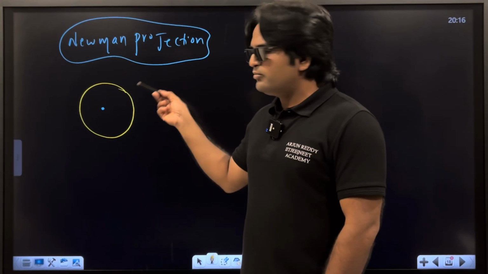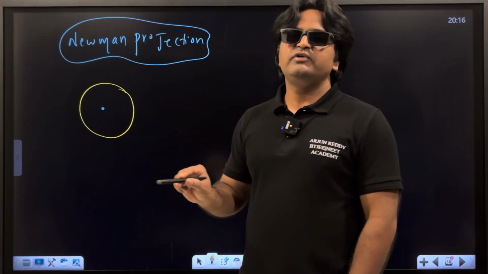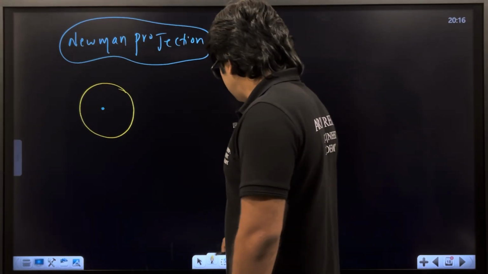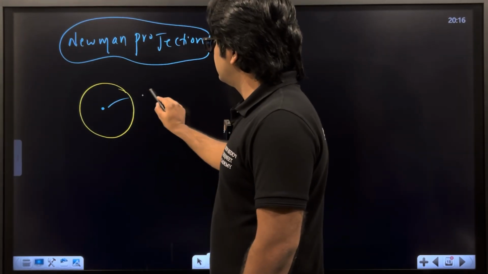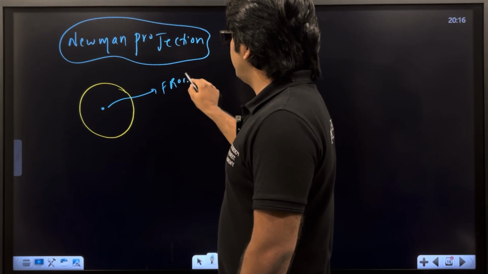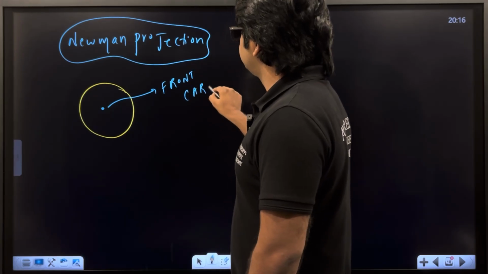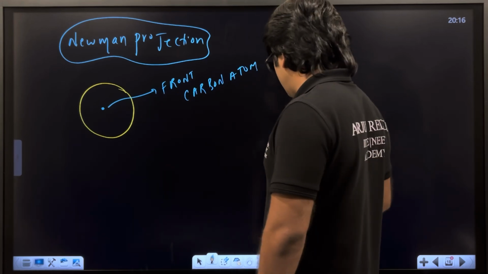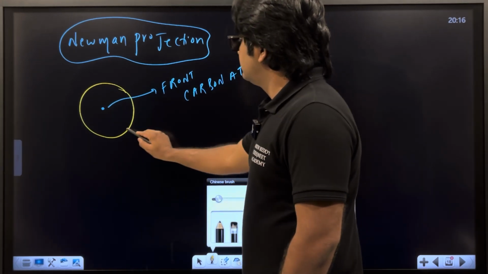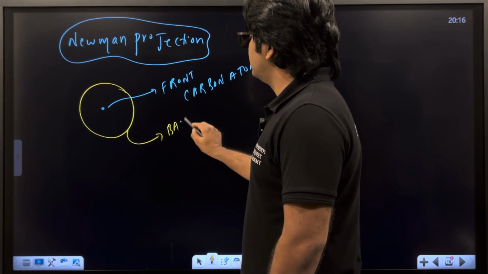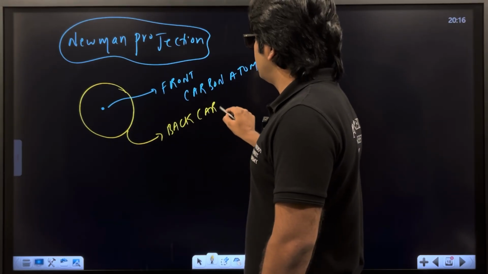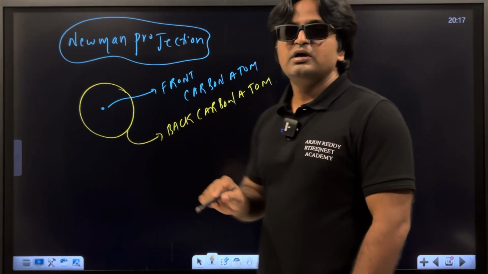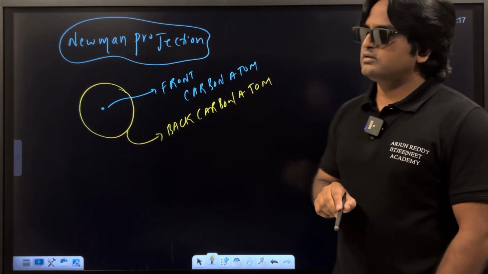Just in order to see both carbon atoms, one is taken as a dot and one as a circle. The dot is the front carbon atom, and the circle is the back carbon atom. That is the difference.